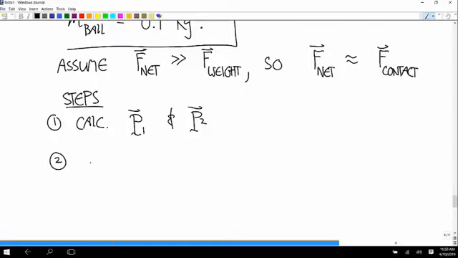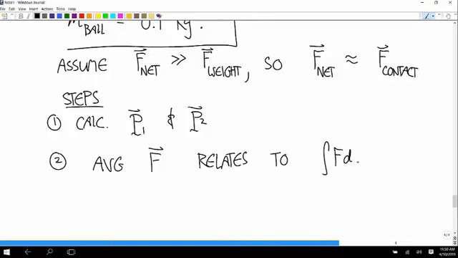And then use the fact that the average force relates to the integral of the force, the impulse.